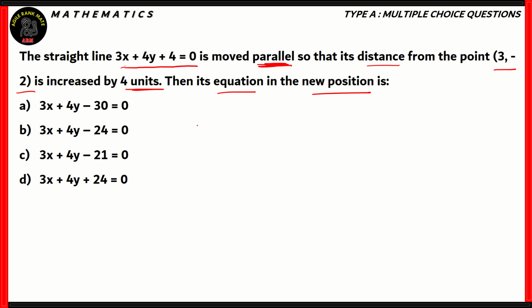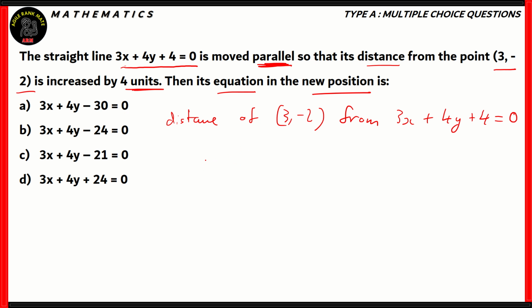In order to solve this question, we need to find the distance of the point (3, -2) from the straight line 3x + 4y + 4 = 0.